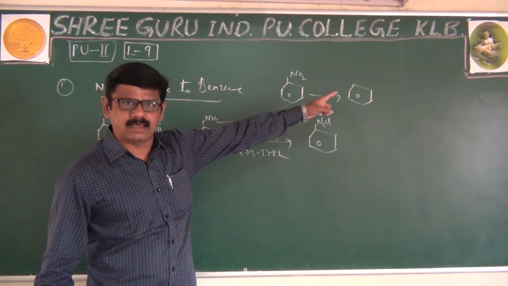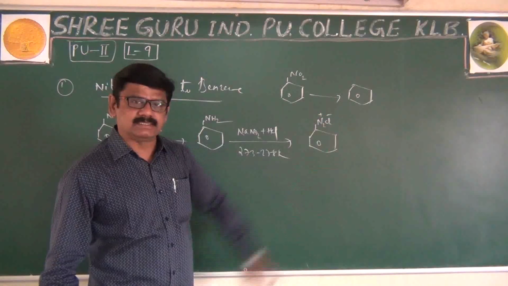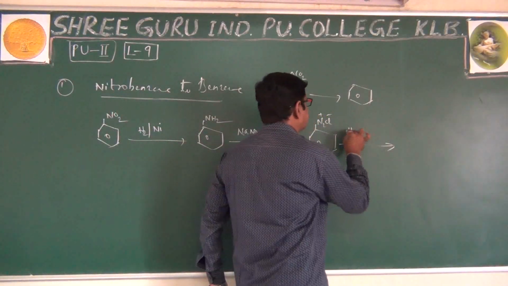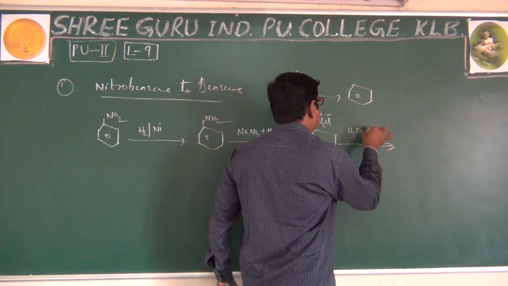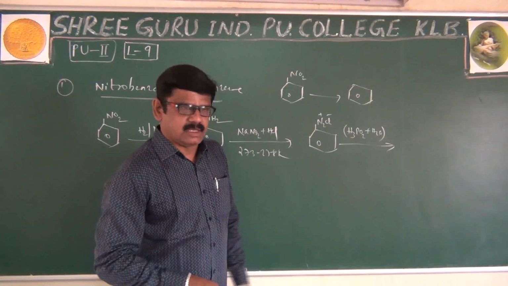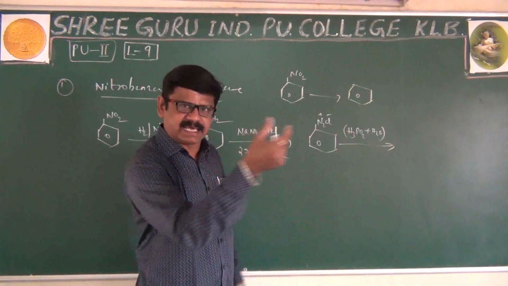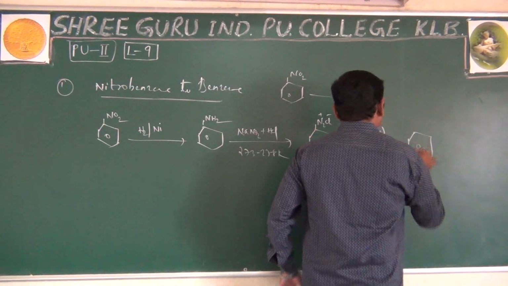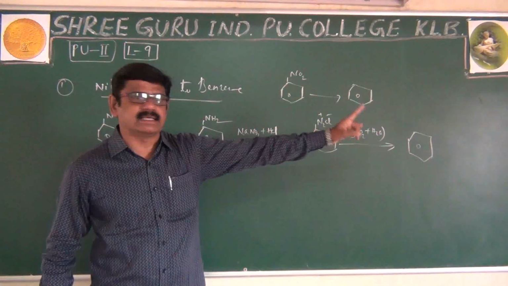But our final compound is benzene. This compound undergoes a reaction with hypophosphorus acid, H3PO2 and H2O. Then N2Cl is replaced with a hydrogen. Therefore, the required benzene is obtained.